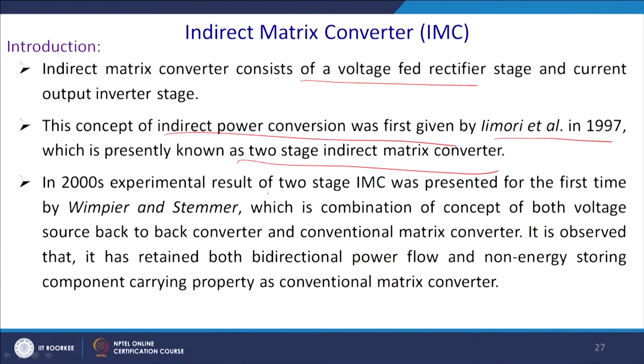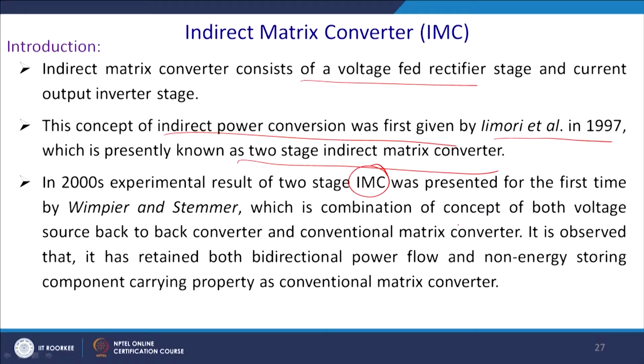In the 2000s, the experimental results of the two-stage indirect matrix converter, abbreviated here as IMC, while the direct one is abbreviated as DMC, were presented for the first time by Wimper and Steamer, which is a combination of the concept of both the voltage source back to back converter and the conventional matrix converter.